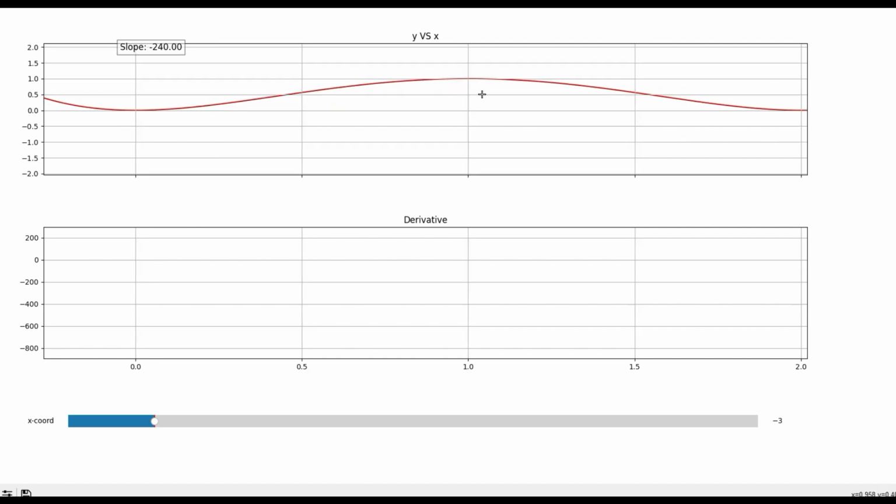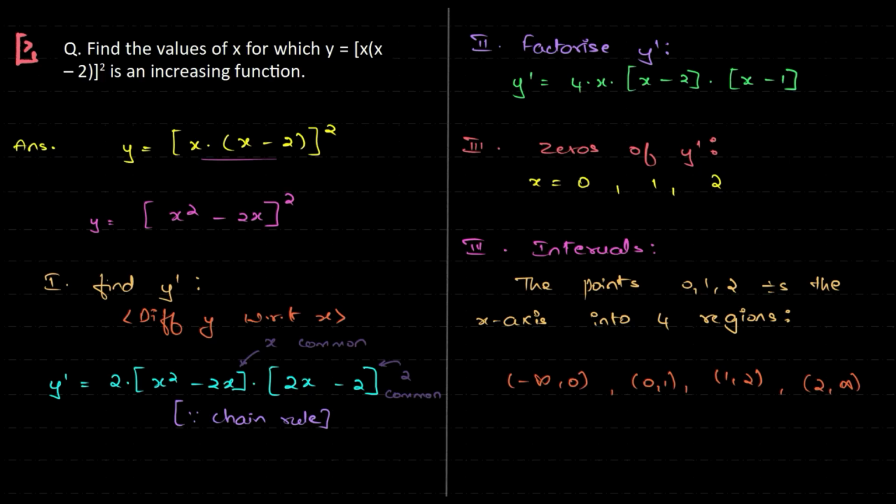So 0, 1, and 2. Agree? So from negative infinity to 0, we have it to be decreasing and then increasing till 1 and then decreasing again, I guess increasing later. So it's very clear. Okay, it's happening. We got the right intervals.